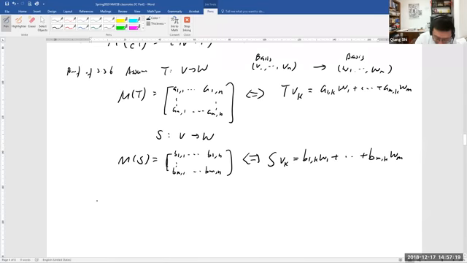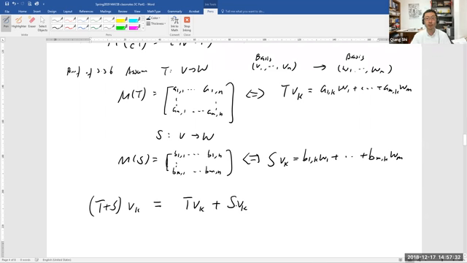Remember, the sum acting on any vector V by our definition is T acting on V plus S acting on V. This is our definition of how we add two linear maps together. So this is equal to A1K W1 up to AMK WM, plus B1K W1 up to BMK WM.